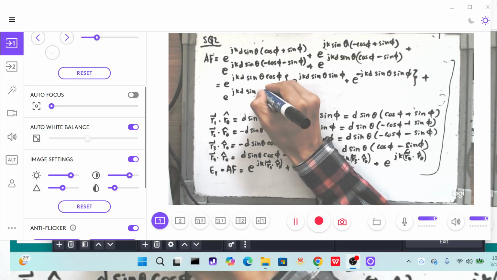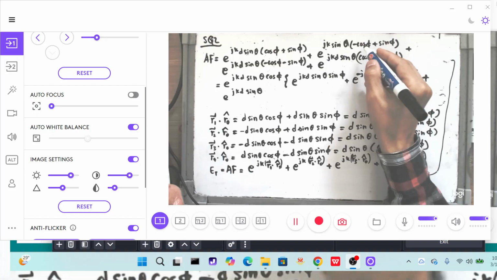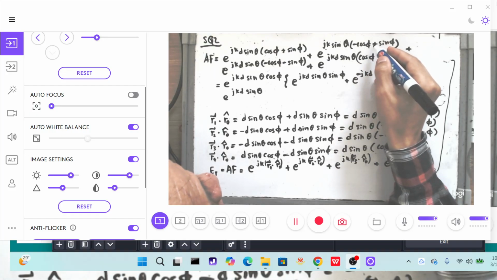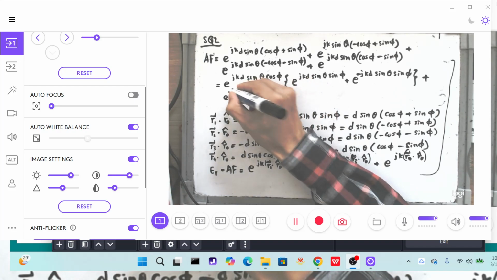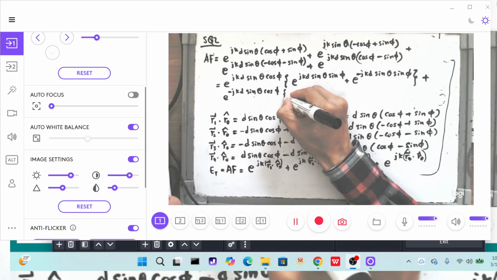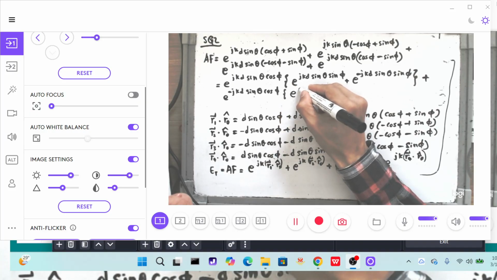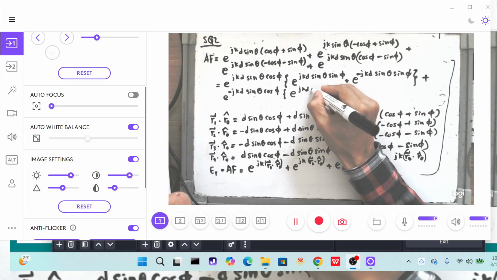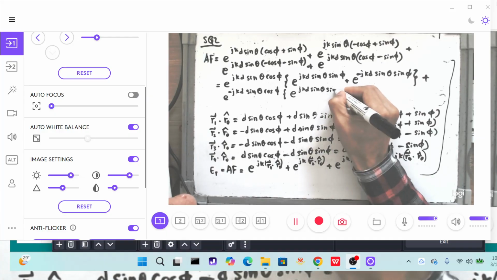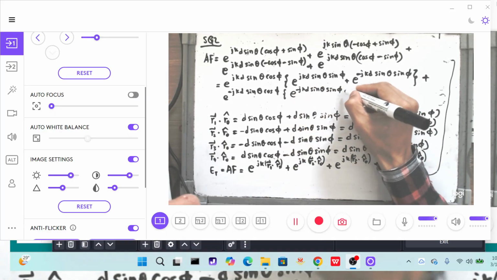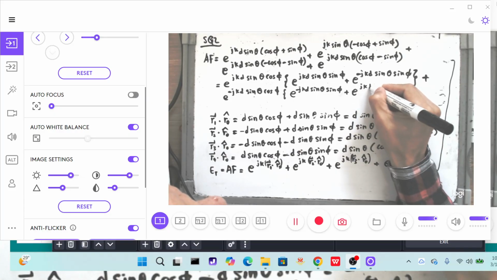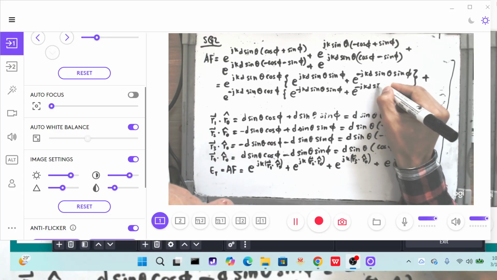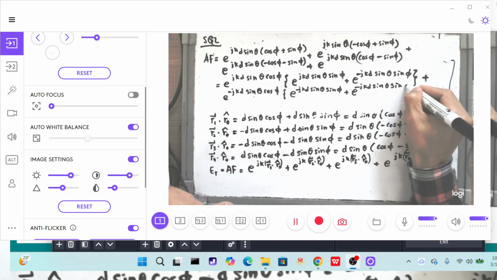And sine theta, and apparently you can do cosine phi, and minus, and then we group it E to the power of J K D sine theta sine phi, and this is minus, and then plus E to the power of J K D minus sine theta sine phi.